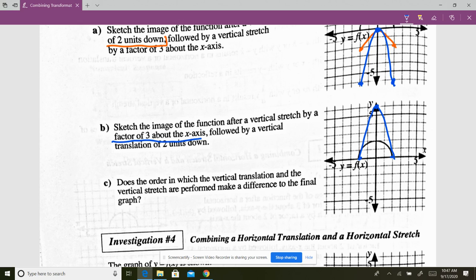And then I have to move it 2 units down. Then we do a vertical translation 2 units down. So we move it down 2 units. So I get this graph. Is that the same as the one above? So does the order matter? Yes, it does.